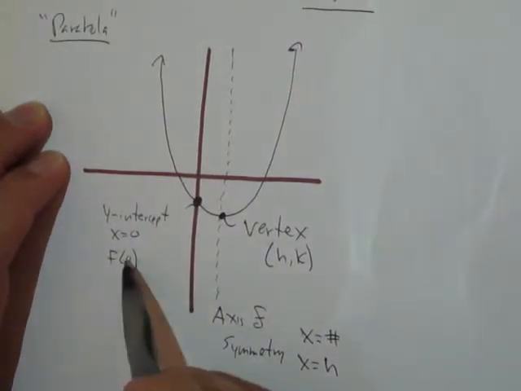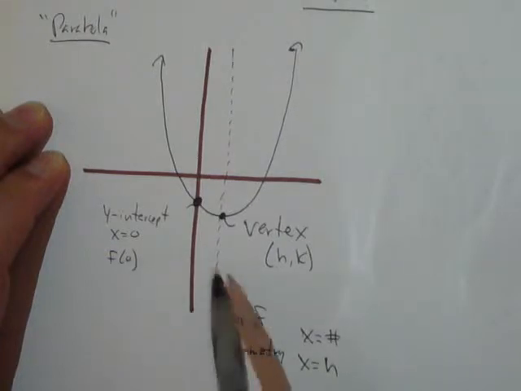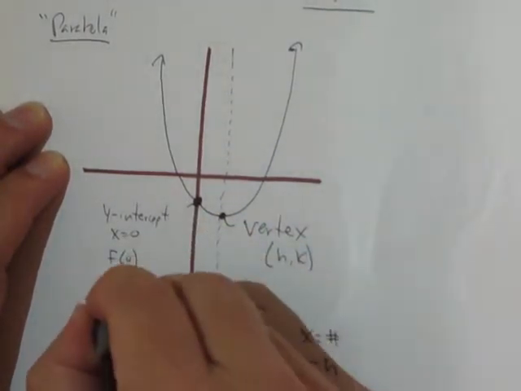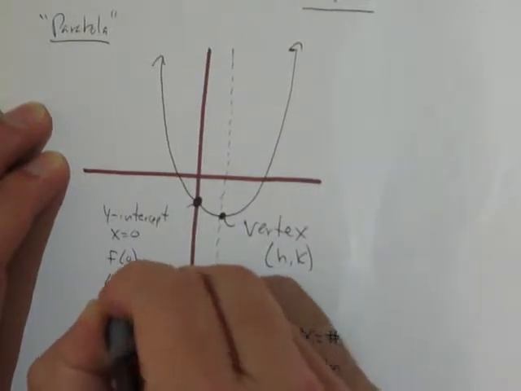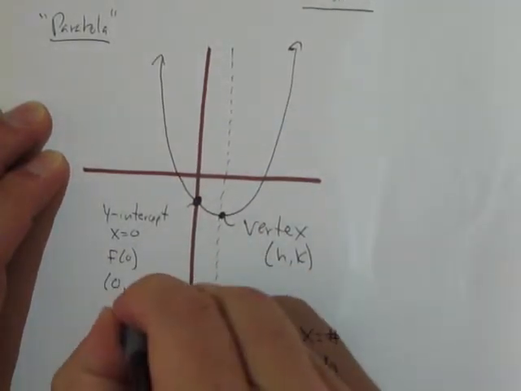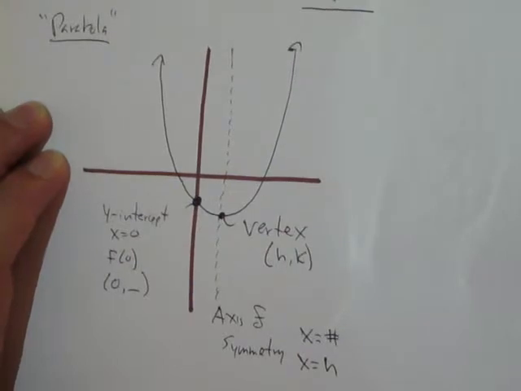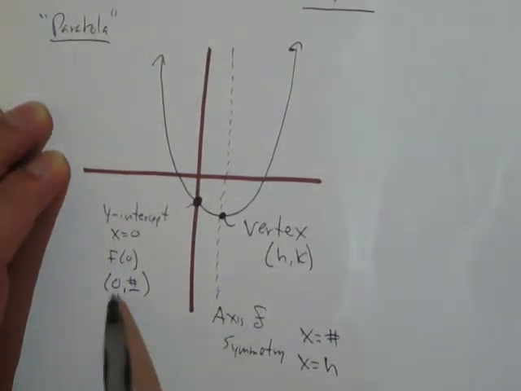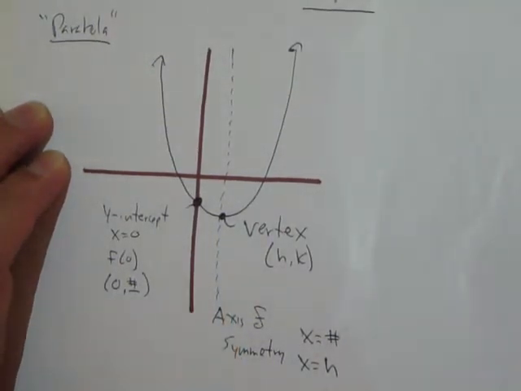We plug in 0 to the function. So a 0 goes in, and whatever comes out is also a point, and it can be written as the point (0, something). It's always 0 for x. Don't know what the something is, it could be down here, it could be up here, whatever it is. So that's our y-intercept, the point where we cross the y-axis.